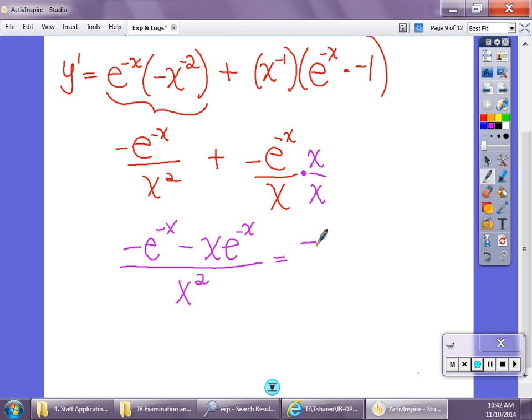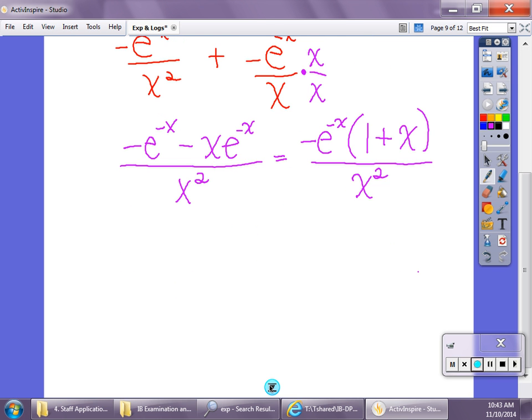So we can factor out a negative e to the negative x. What am I left with on this term? 1. We factored out a minus sign, so plus x. And in the denominator I have still x squared. Your answer could look like that.